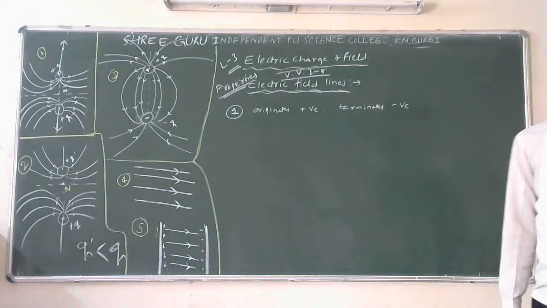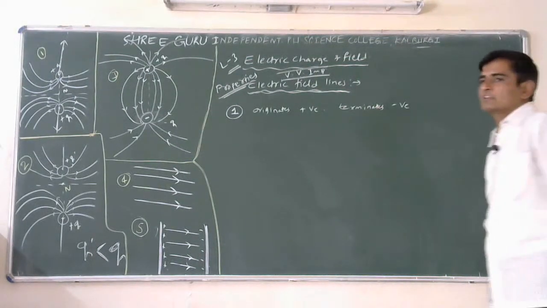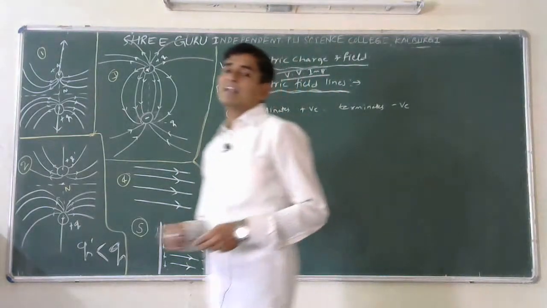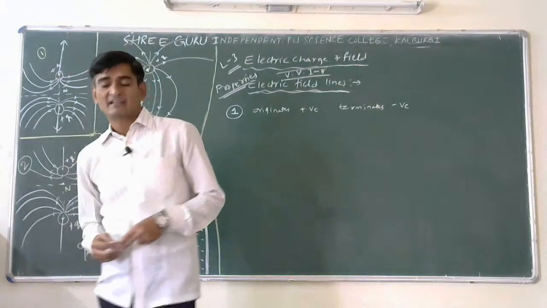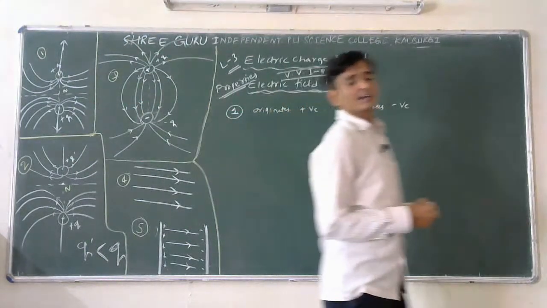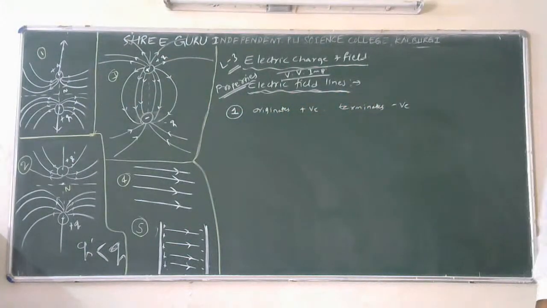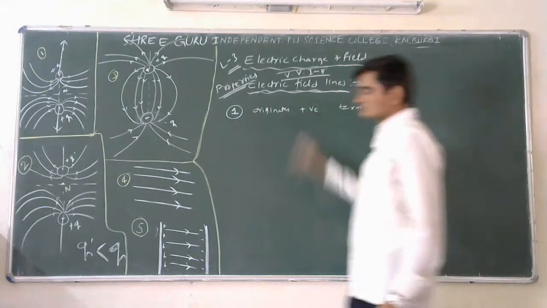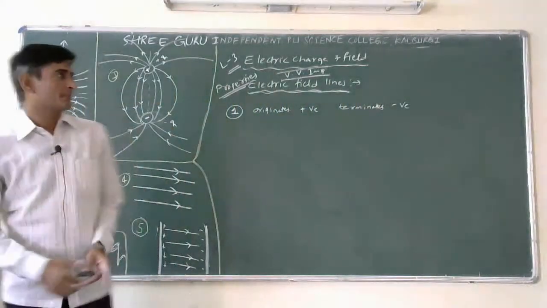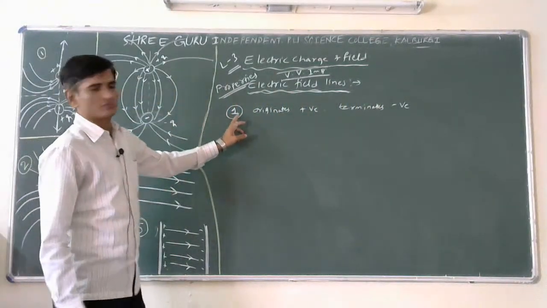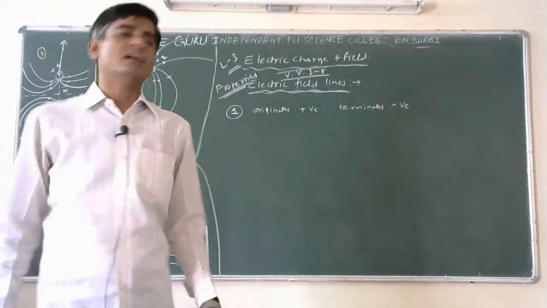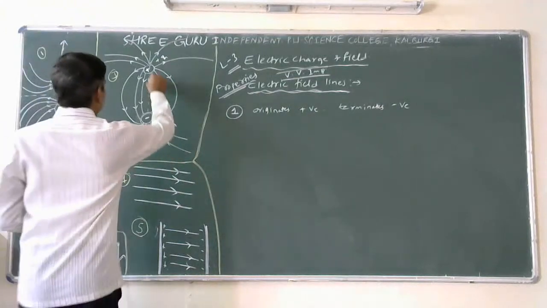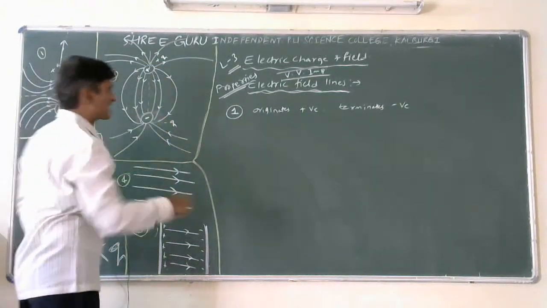Electric field lines are the imaginary lines which are used to represent electric field intensity, and a tangent drawn to the electric field lines gives the direction of the electric field intensity at that point. Okay. First property: electric field lines start from the positive charge and end on the negative charge. For example, here. About these diagrams, I'll tell later.